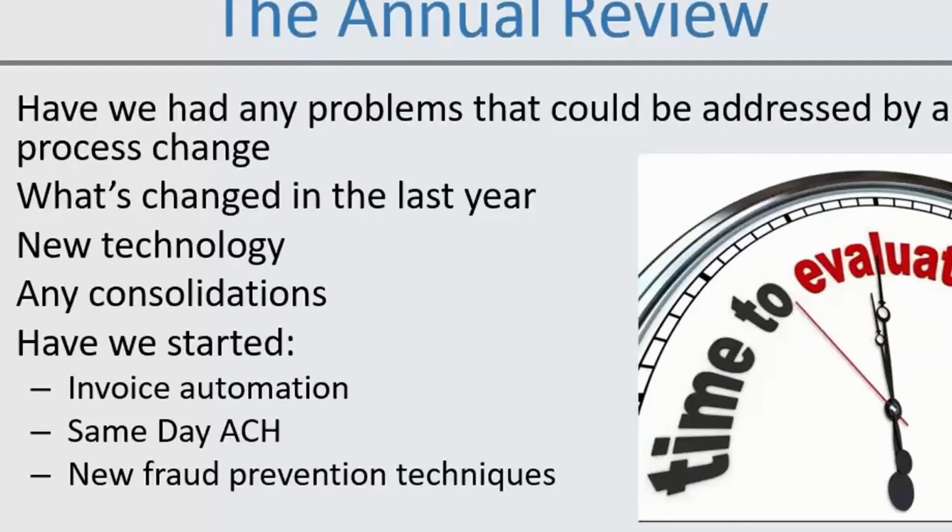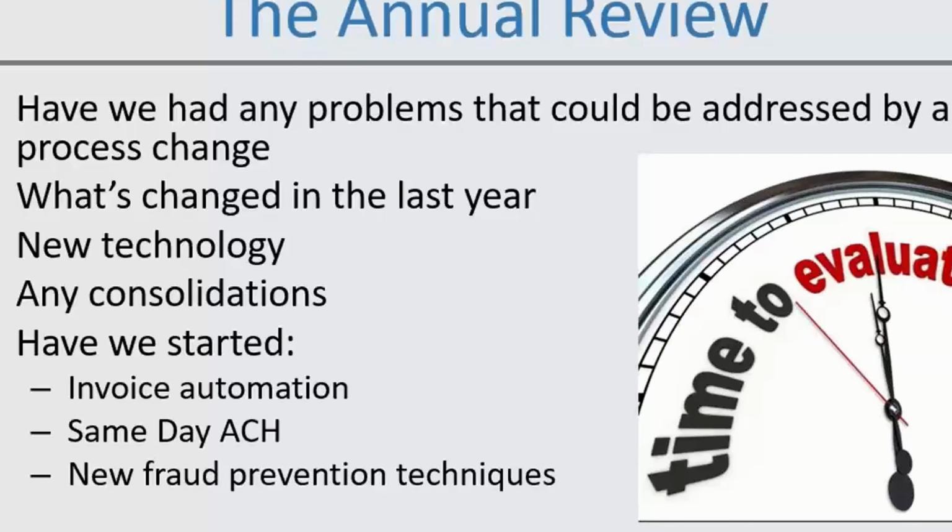So when you do the annual review, before you even look at the manual, think about whether you have had any problems that could have been addressed by a process change. This is a good time to do it if you can. Then you also want to think about what's changed in the last year. Have you started using any new technology? Have you started making ACH payments when you weren't before?